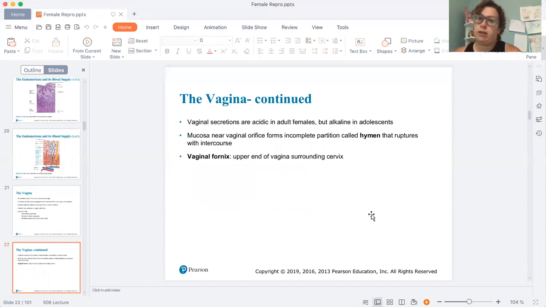Remember in the male discussion that males mostly make a basic semen, and that's to help neutralize the acidic environment of an adult female. But in adolescence, most of the time these vaginal secretions are more alkaline.